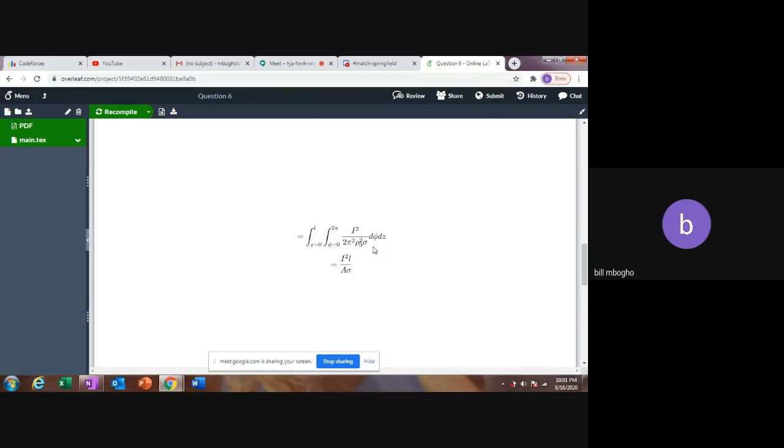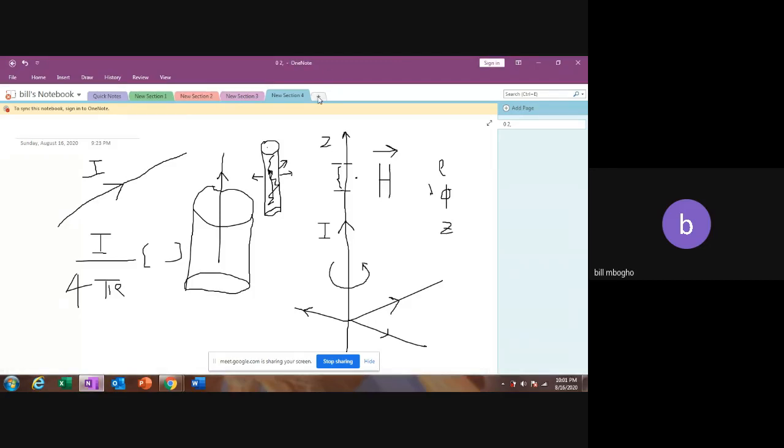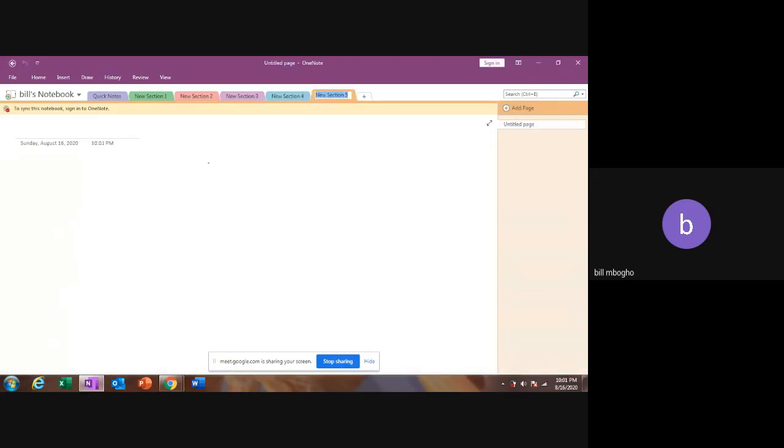Why is that? Maybe I should have added the integration. If you bring this outside, we're going to be left with the integral from 0 to L, and then the integral from 0 to 2 pi of d phi dz.